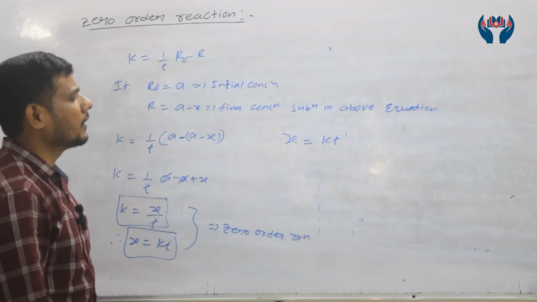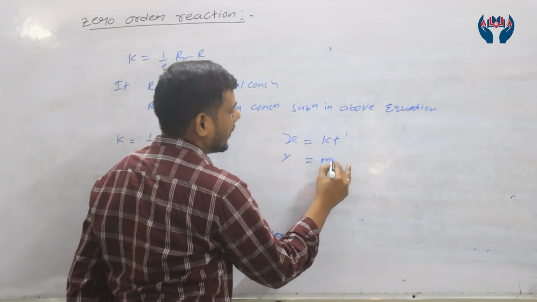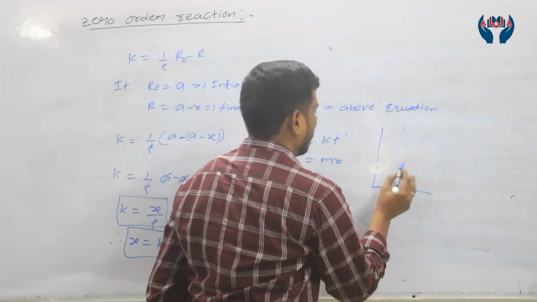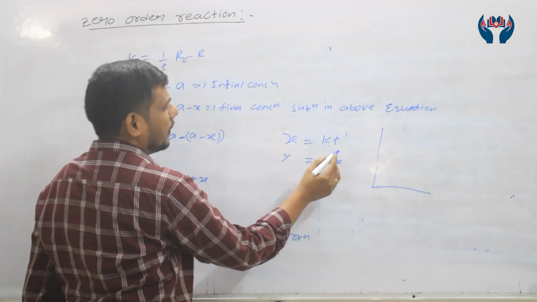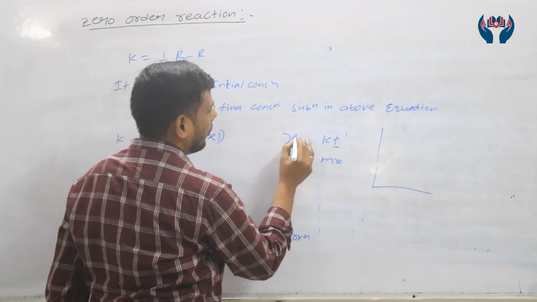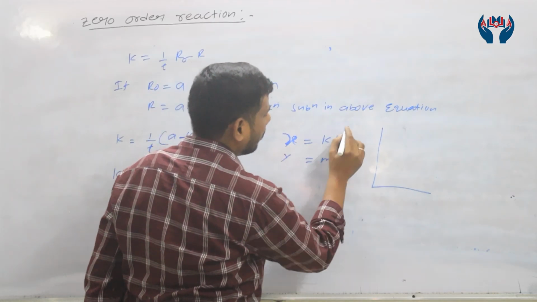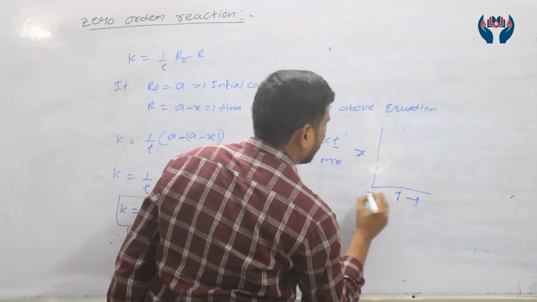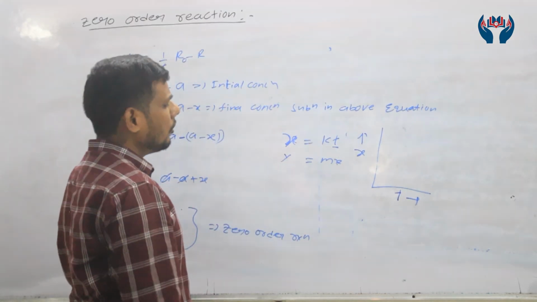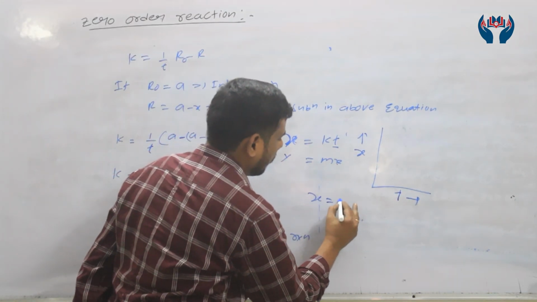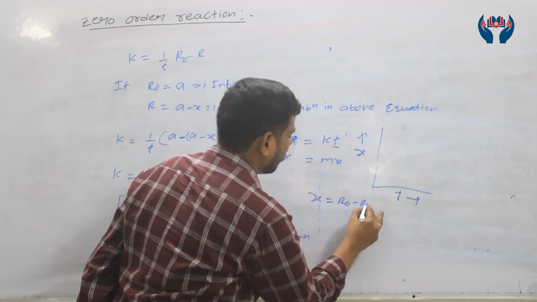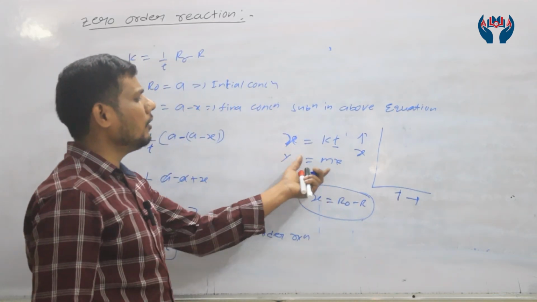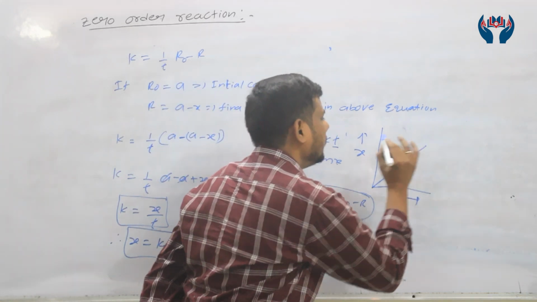This x equal to K t is similar to y equal to m x. On the graph, the x-axis is t and the y-axis is x, where x equal to R0 minus R. The graph y equal to m x passes through the origin.